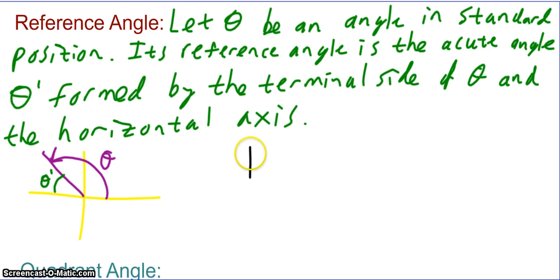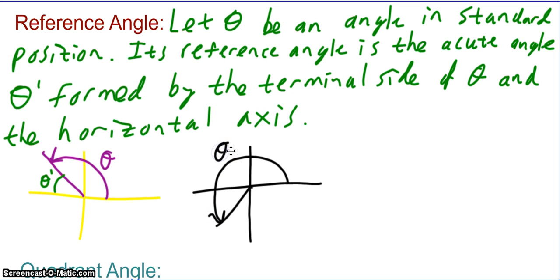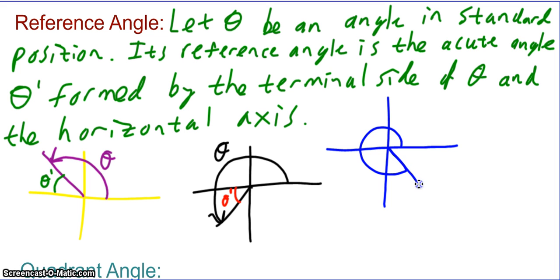Let's do another one. So if I'm in, let's say, the third quadrant, so this is theta, then this is theta prime. If I'm in the fourth quadrant, this is theta, then this is theta prime.